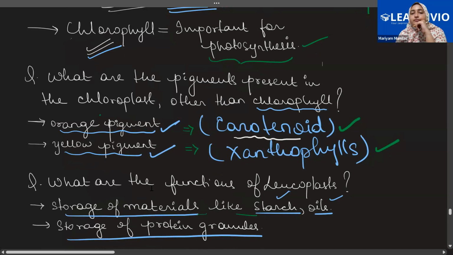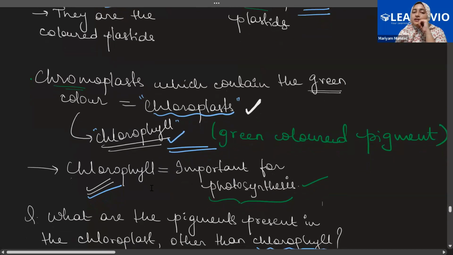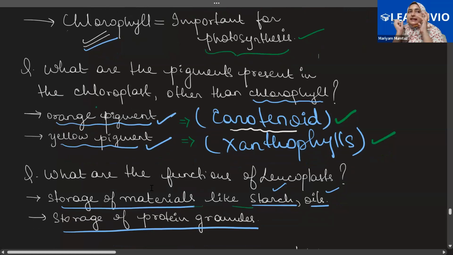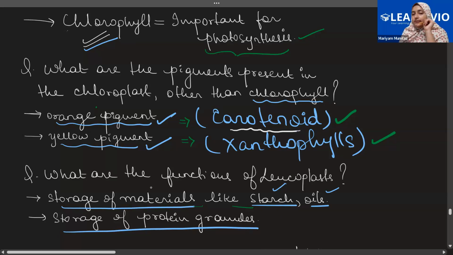Moving forward. See, the chloroplast, meaning the green color plastids, have some other colors other than chlorophyll. We know that chlorophyll is the greenish color pigment, but apart from that, there is one orange color pigment present. We call it the carotenoid. And then there is a yellow color pigment. We call it the xanthophyll.